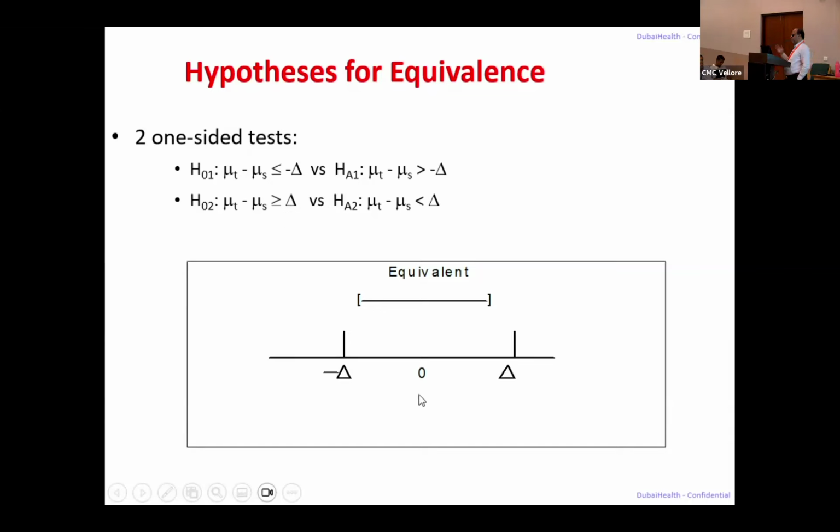Yesterday you were told about negative benefit, positive benefit and all that. That is how it is. So what are we saying in the first null hypothesis itself? When I say this is not equivalent, it is not equivalent because it exceeded the delta margin.